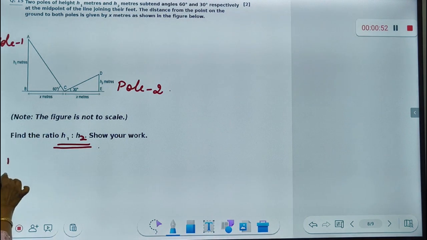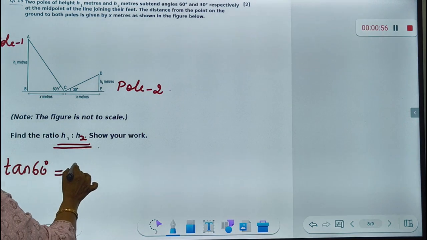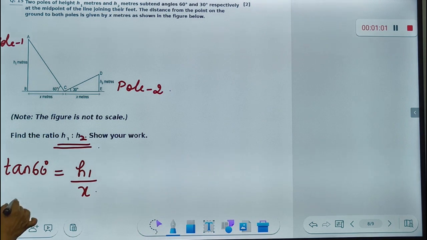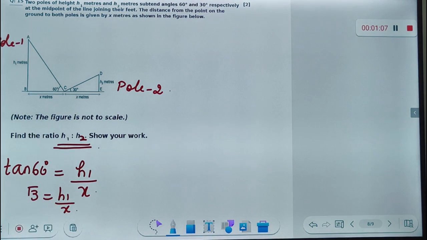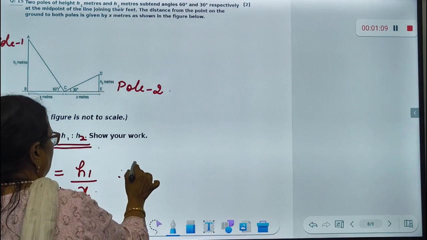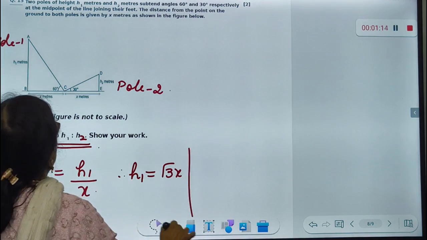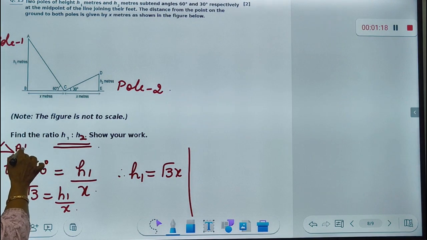Now from here, tan 60, I'm going to connect h1 and x, h1 by x. Tan 60 is what? Root 3. So root 3 is equal to h1 by x. Therefore, h1 equals root 3 x. This is from which triangle? ABC.